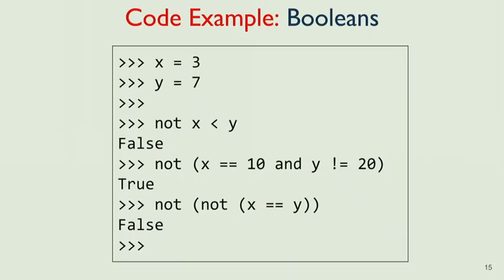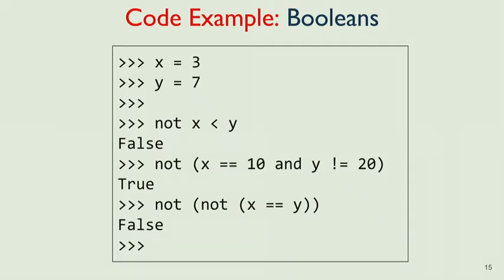Remember, the PEMDAS thing of before, of parentheses, exponents, all that stuff, that still applies here, right? We had these parentheses. Therefore, everything inside these parentheses, we're going to not whatever all this was. All this was false, but we're going to make it true, right? Same thing here. It's a little funky. So we work our way from inside and work our way out. So in the innermost parentheses, x is equal to y. Is x equal to y?